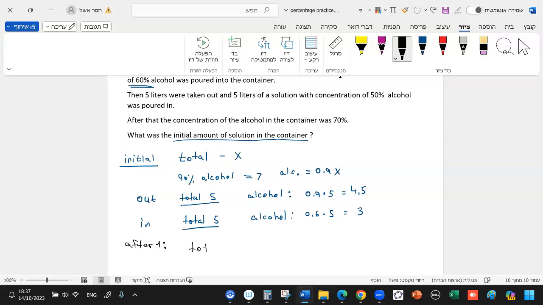The total amount of solution was still X. We had X, we took out 5 and we poured in 5, so it's still X, the total amount. Let's see what happened to the alcohol. We had 0.9x, and then we took out 4.5 and poured in plus 3. Together, it's 0.9x minus 1.5 liters.